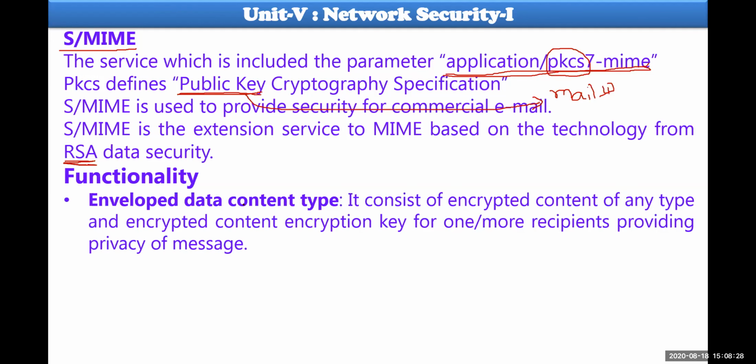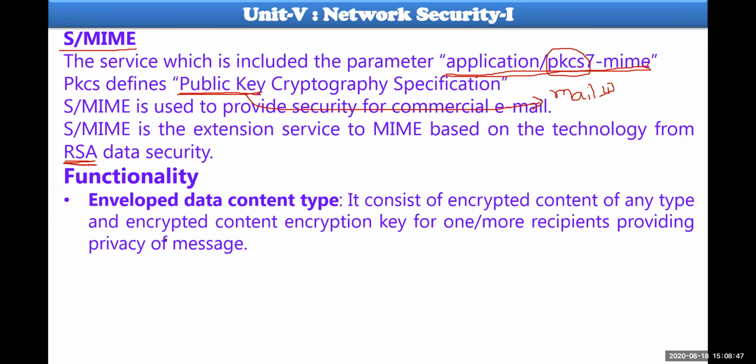The data sent by you will be under envelope mode. Envelope mode means they will be packed together. Your public key and your actual content will be packed together and sent to your recipient.